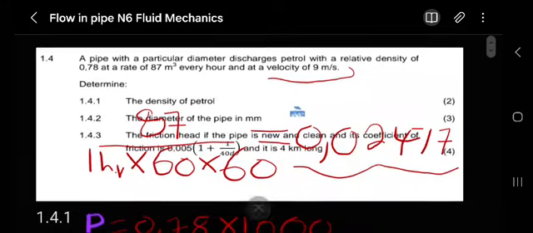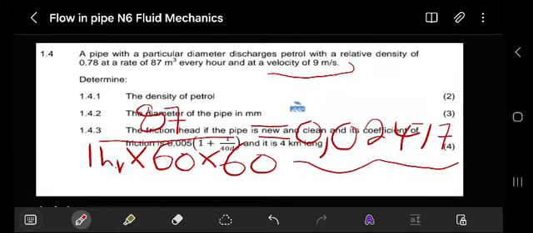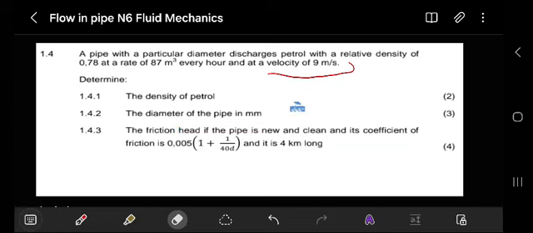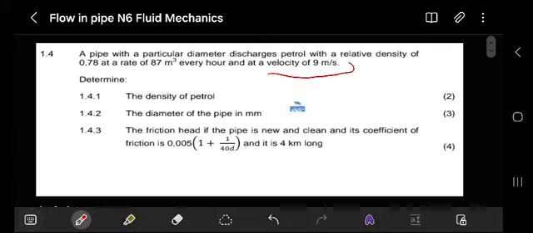So we have the last question. In this last question, we determine the friction head. We're supposed to find the friction head there. We know that friction head is HF, right?